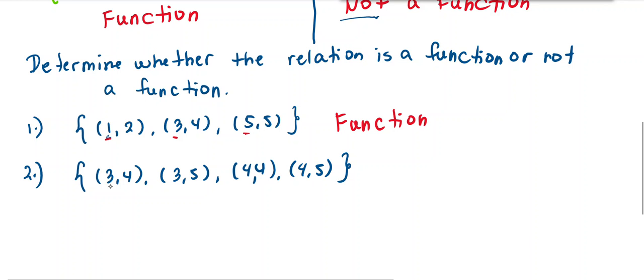Let's take a look at the first elements, like 3. 3 shows up twice, therefore that tells us that this is not a function. And even the 4 also shows up more than once. Therefore, this relation is not a function.